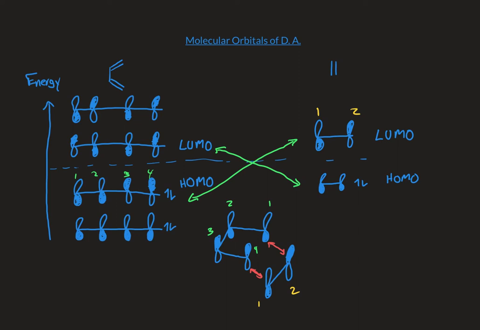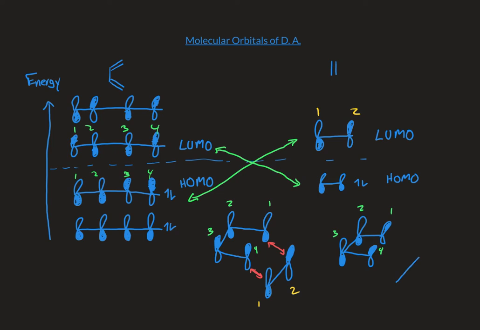If we look at the LUMO of the diene, again, we're going to number our carbons 1, 2, 3, and 4. Carbon 1 was shaded on the top, carbons 2 and 3 were shaded on the bottom, and carbon 4 was shaded on the top.